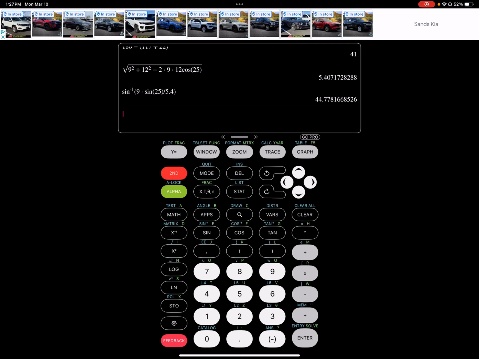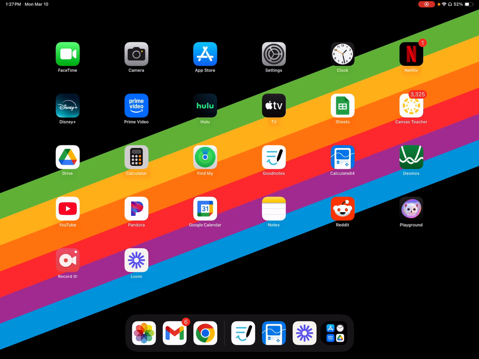So this whole thing can go in square root 43 squared plus 60 squared minus 2 times 43 times 60 cosine 45. And there we go. We get 42.43 feet.